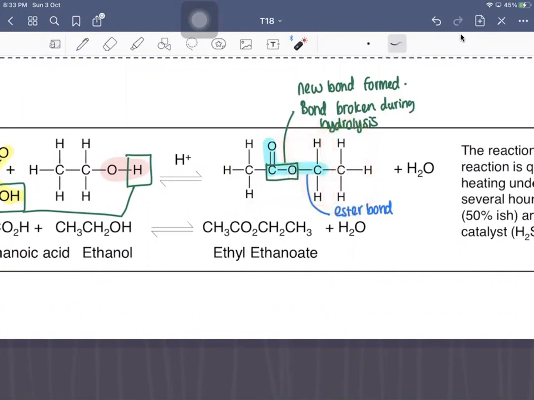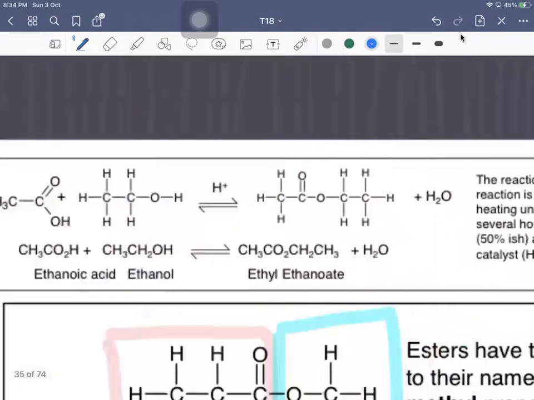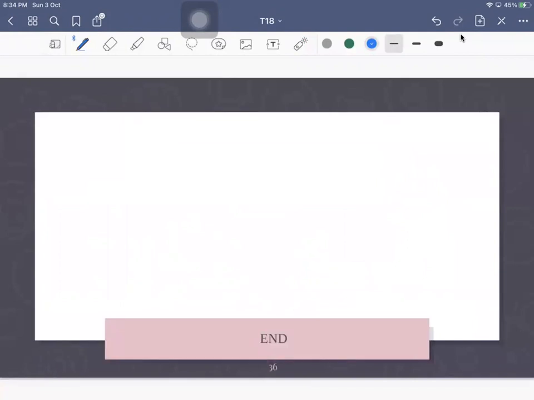Okay, now what if it's drawn with the alcohol part first? Maybe I'll use a new page so you can copy this down. What if the structure is now drawn like this? I suggest you copy this down, what's wrong and what's right.